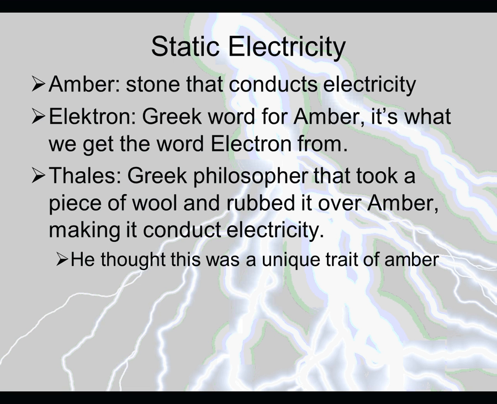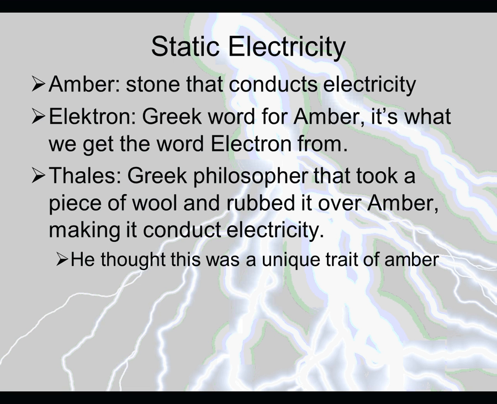Now we have this guy named Thales or something like that. He was a Greek philosopher. He took a piece of wool, rubbed it on this amber stone, and then it conducted electricity. He took the electrons from the amber and put them into the wool.